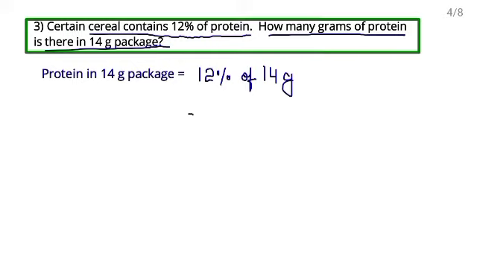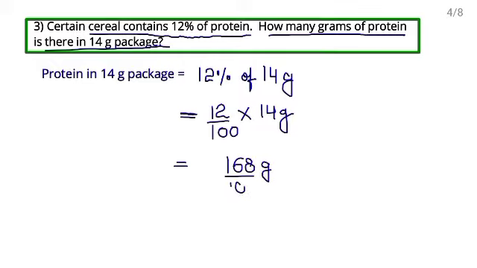So calculate it. 12% means 12 out of 100. It means 12 upon 100 multiplied by 14 gram. When you multiply 12 by 14, you will get 168 gram. And in the denominator you have 100. When you have a power of 10 in the denominator, then you can write that directly in decimal form.